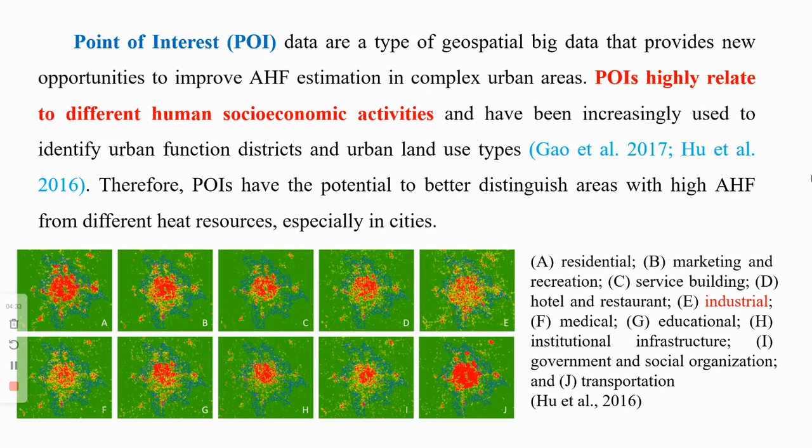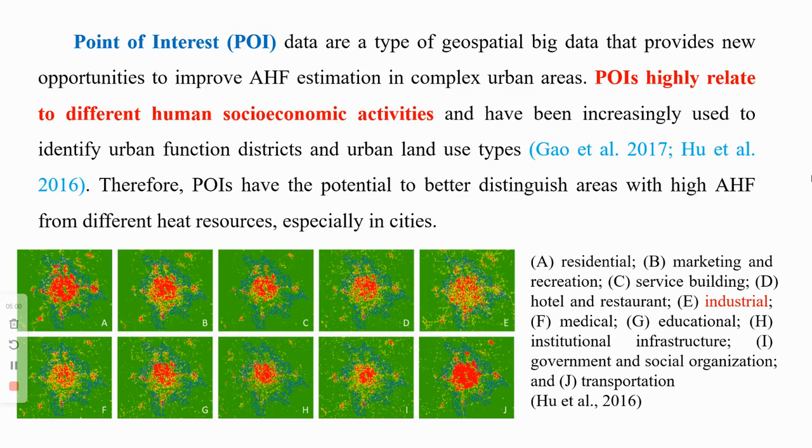So in this study, we use a kind of geospatial big data. It's point of interest. This data have actual location and a short description of its types. So POI data are highly related to different human socioeconomic activities.